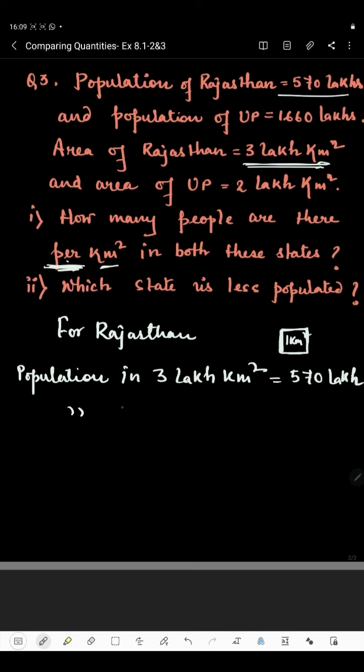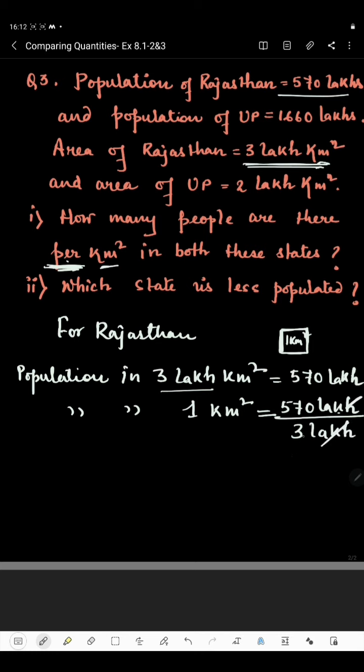Now the population in 1 kilometer square. When we find the value for 1, it's division. So whatever is there on the left will come to the denominator. So it will be 570 lakh divided by 3 lakh. Now lakh will be cancelled.